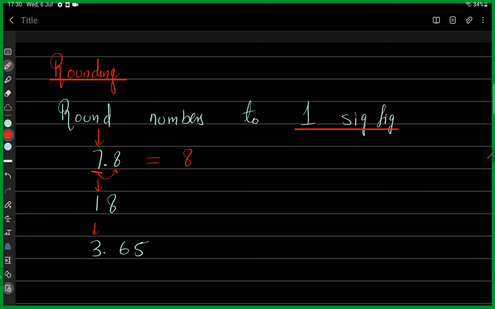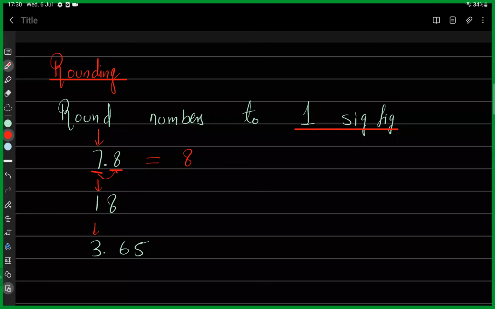We want to round it off to one significant figure. For that, we need to look at the other digit, which is 8. If the other digit is 5 or greater than 5, you can just add 1 to the previous one and write it down.